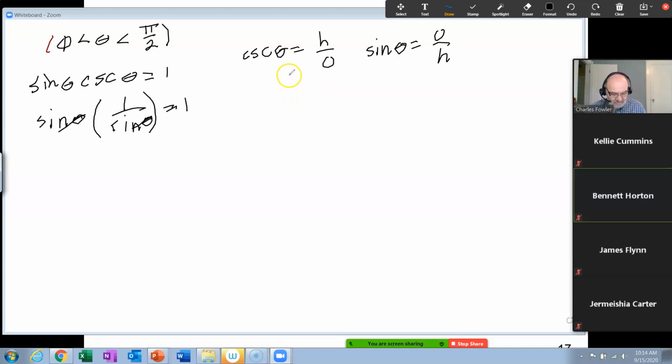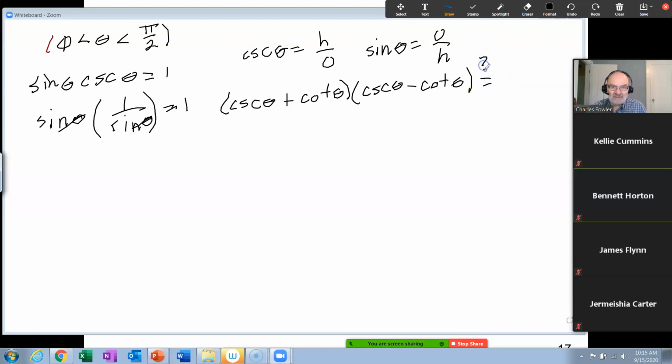Okay? Let's do the second one. Maybe a little bit more involved here. Cosecant, so we've seen that one before, theta, plus cotangent theta, times cosecant theta minus cotangent theta, and supposedly this is equal to 1.